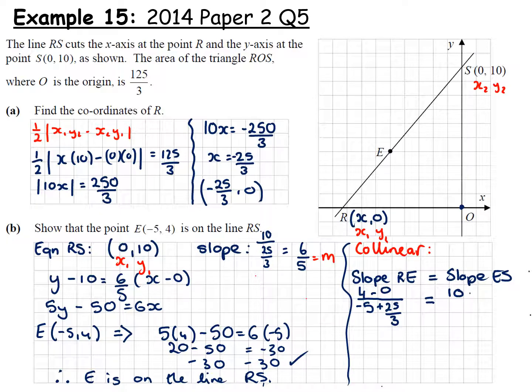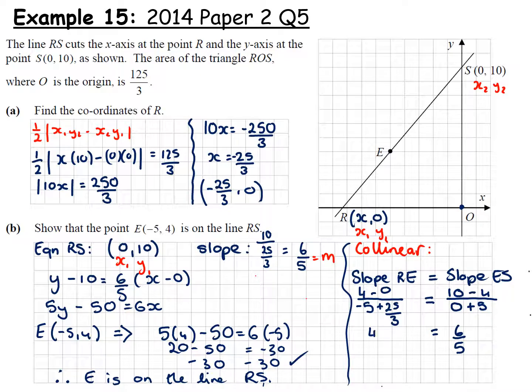So y2 minus y1 all over x2 minus x1. So that's plus 5. So work that through. That works out as 6 over 5.